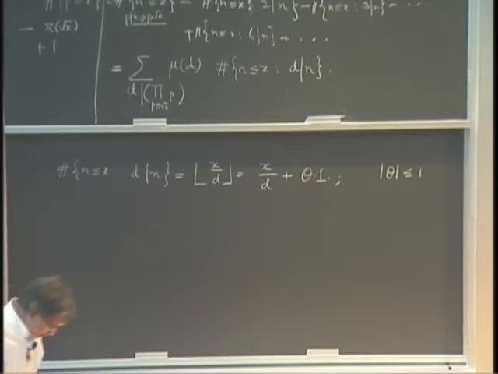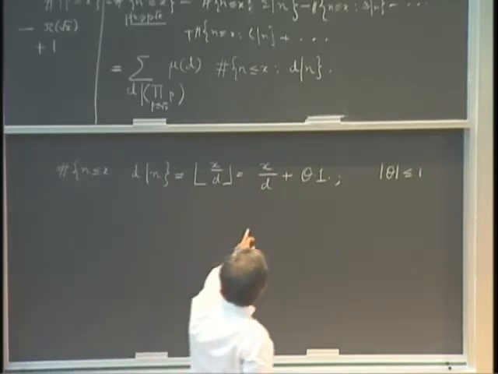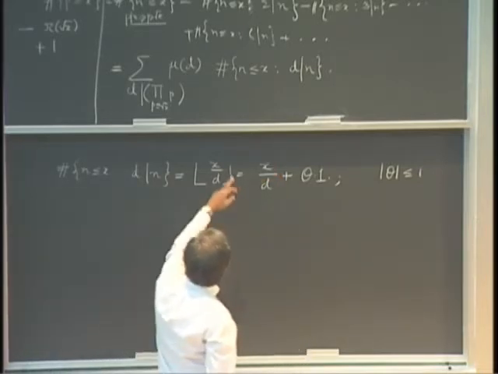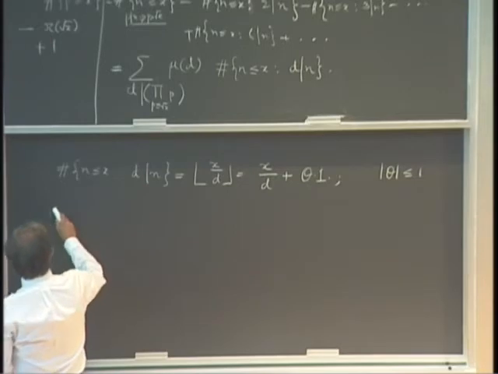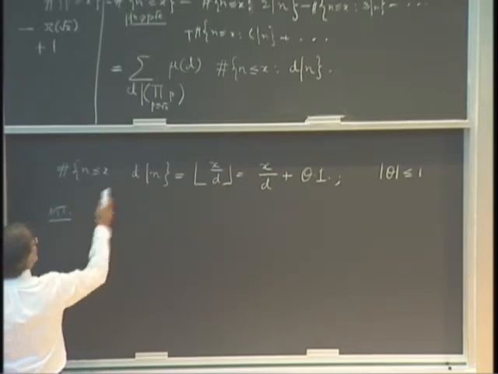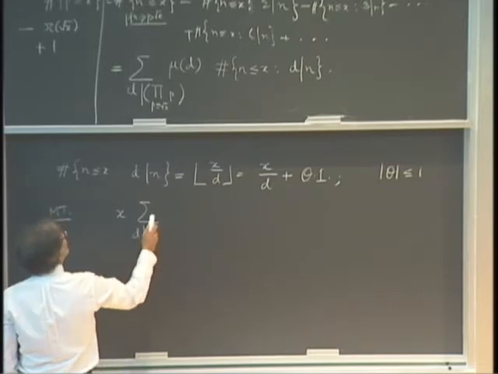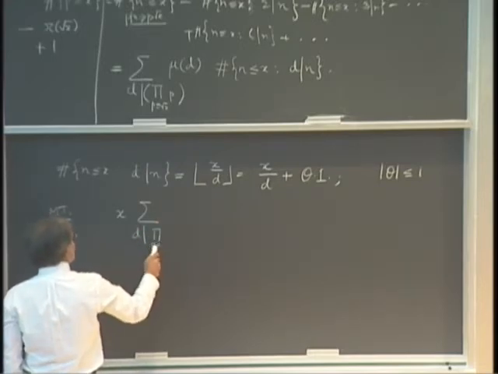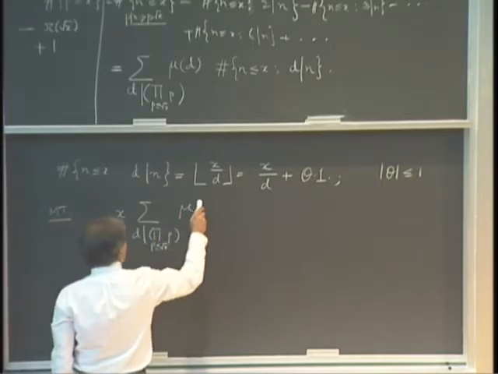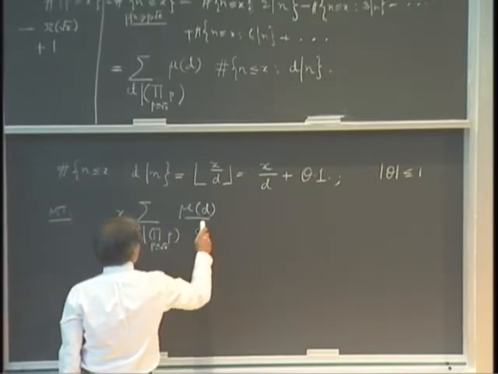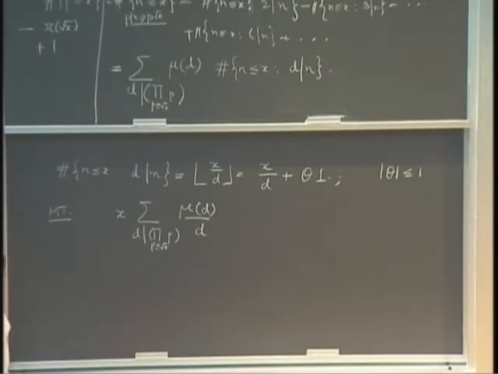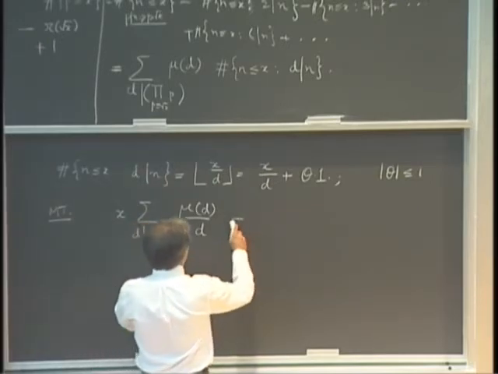Okay, now I could plug that in here, and then the main term looks nice enough. The main term would be x times the sum over d dividing this product, of the Möbius function over d, which looks quite nice.